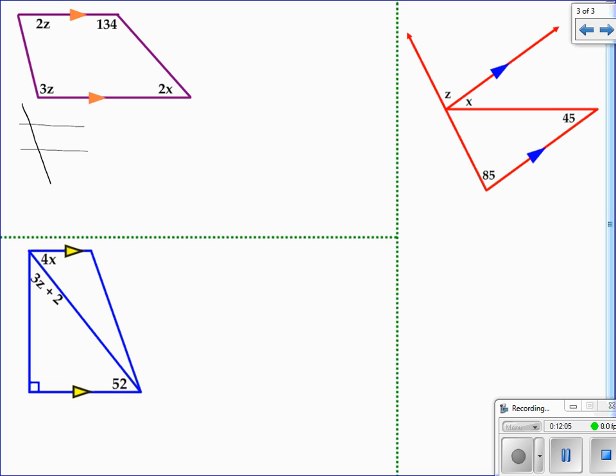I drew this top line, the bottom line, and this line on the left. 2Z and 3Z right here. Okay, so essentially I'm just ignoring the stuff on the right-hand side because we're just focusing on Z right now. Okay, what kind of angles are these as far as the four angles we've been talking about in this chapter?